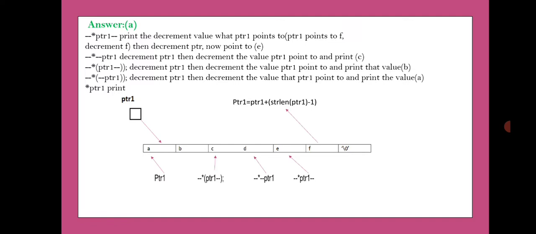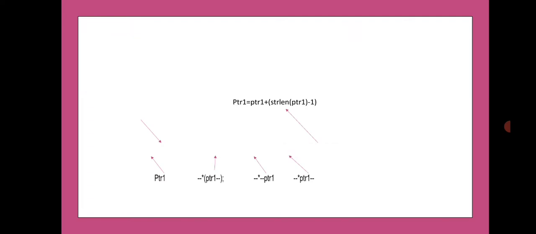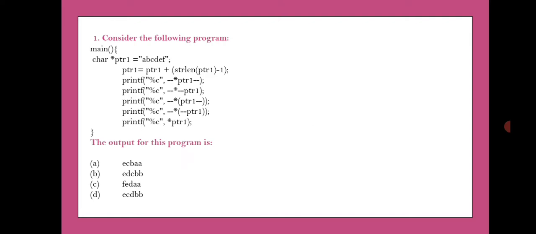The next expression points to C, and the next expression points to B, and the next expression points to A. So hence the answer would be A, E C B A A.